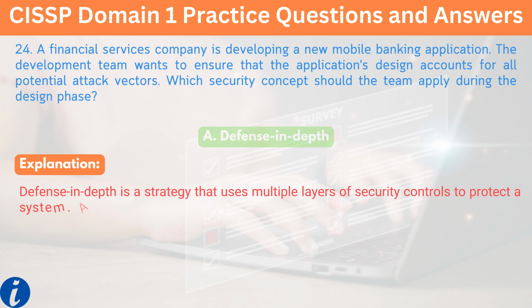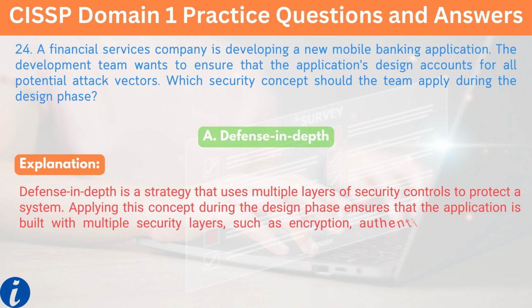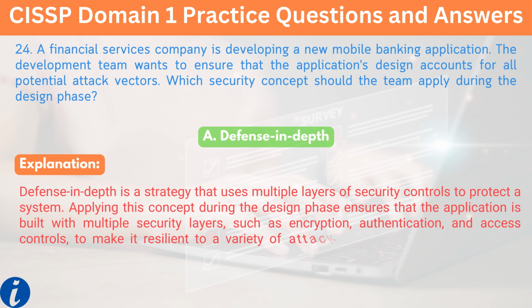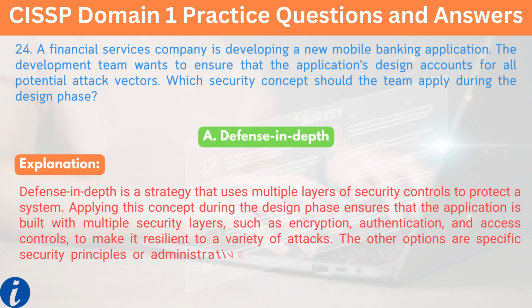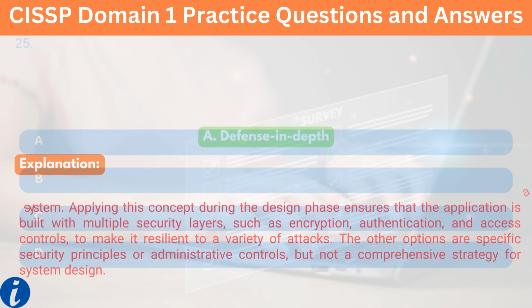Explanation. Defense in depth is a strategy that uses multiple layers of security controls to protect a system. Applying this concept during the design phase ensures that the application is built with multiple security layers, such as encryption, authentication, and access controls, to make it resilient to a variety of attacks. The other options are specific security principles or administrative controls, but not a comprehensive strategy for system design.